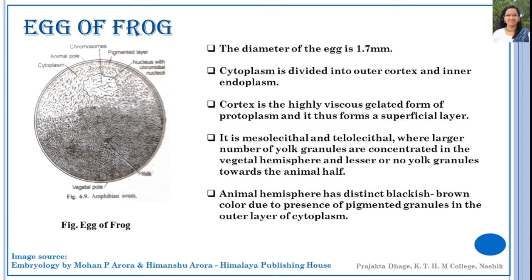Below the vitelline envelope, cortical granules will be present in the form of a layer, and as we have already seen, these cortical granules help in prevention of polyspermy by aiding the slow block to polyspermy.